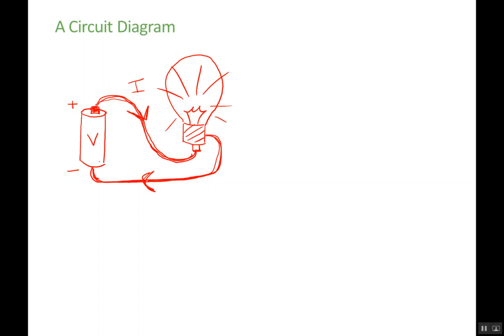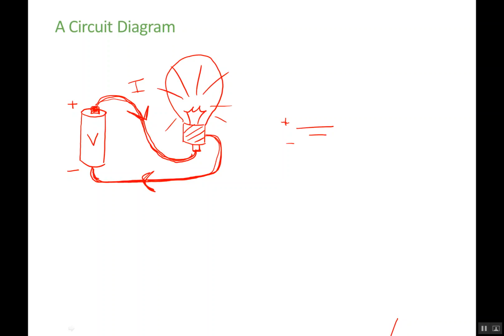Okay, well, drawing circuits like this in this detail can be tedious, so let me introduce some notation for drawing schematics of circuits. The symbol for a battery is 2 lines, where one is longer than the other. The longer line is the positive terminal, and the shorter line is the negative terminal.